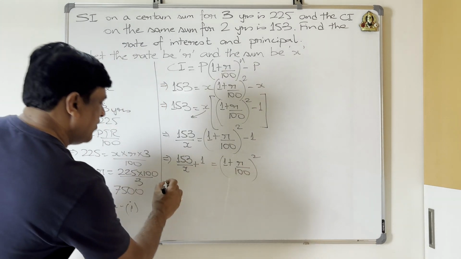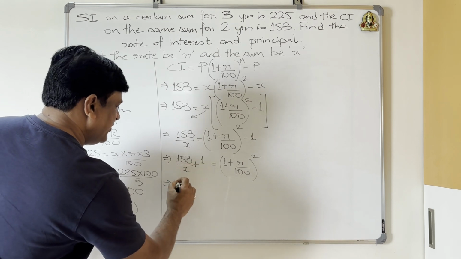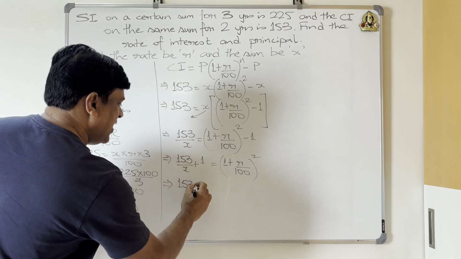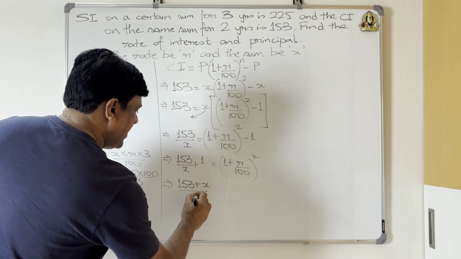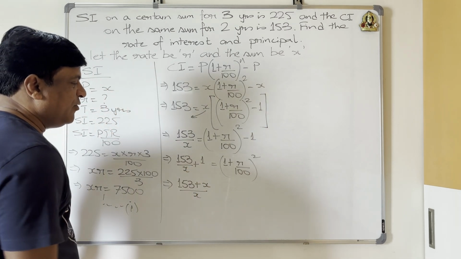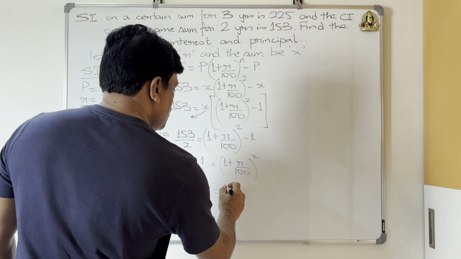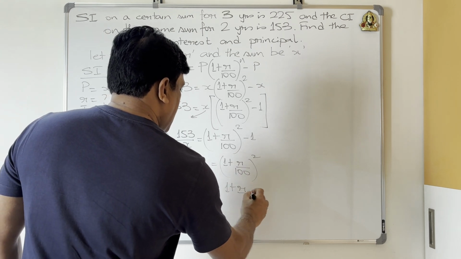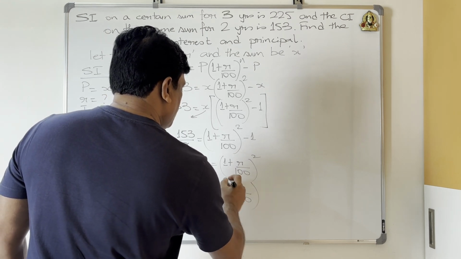Now, one more variation I can do: I can put this as 153 plus X divided by X, if I take X as LCM over here, is equal to 1 plus R by 100 whole to the power 2.